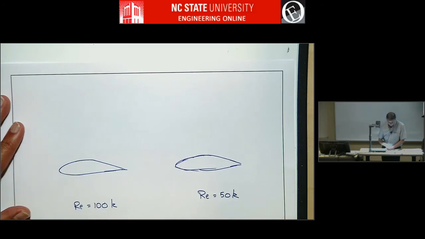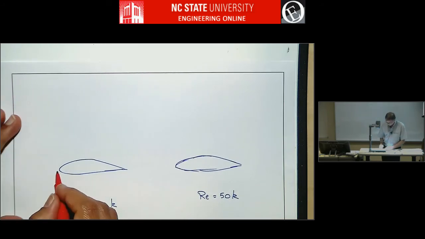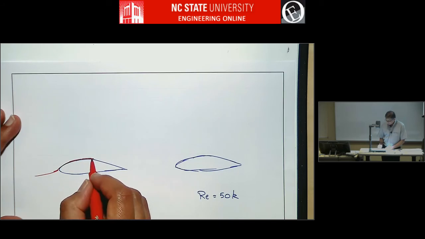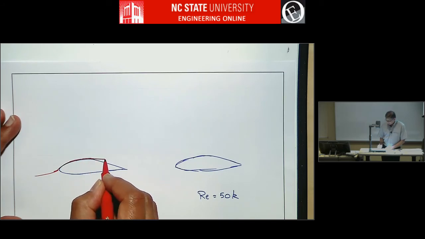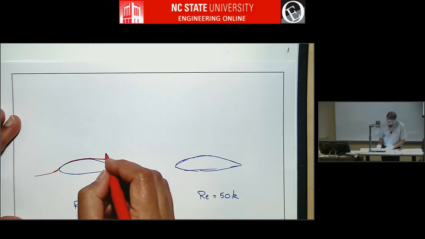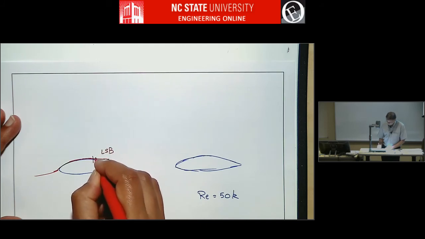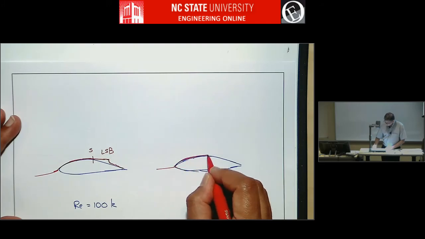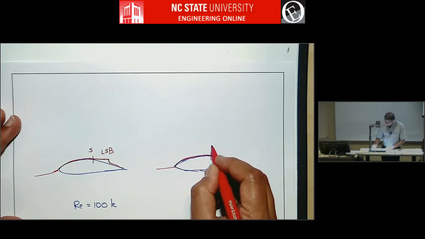It turns out that the separation occurs at the same place. So in both these cases, laminar flow does not become turbulent, but instead separates and forms a bubble. But here also separation occurs at the same place.